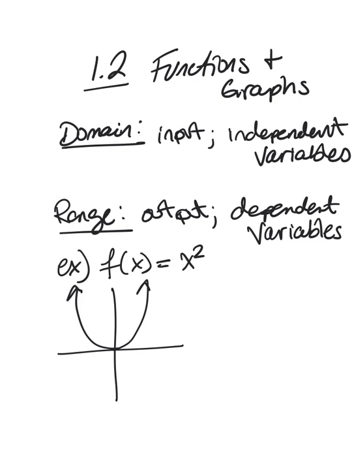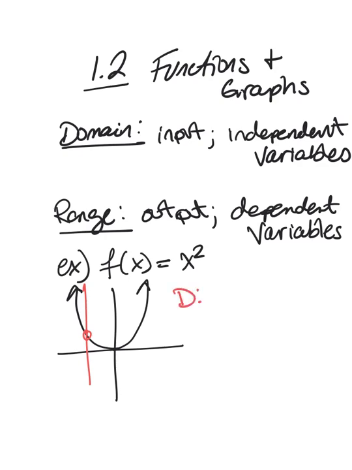Well, you could always do the vertical line test where you say, okay, if I draw a vertical line and it hits it exactly once anywhere on the graph, therefore it's a function. Or remember, the definition of a function is that every input has exactly one output, right? So this is a function.